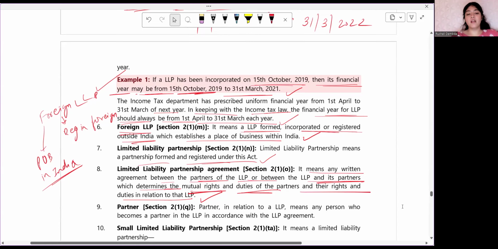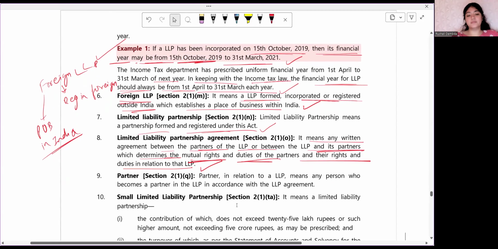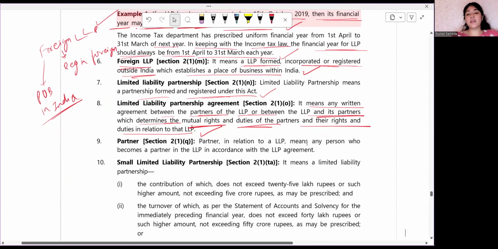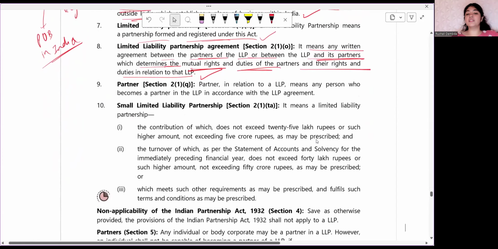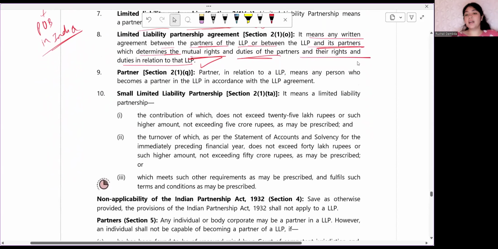Okay, let's see who is a partner. Partner in relation to LLP means any person who becomes a partner in the LLP in accordance with the LLP agreement. A person who becomes partner in the LLP in accordance with the LLP agreement will be called the partner of LLP.